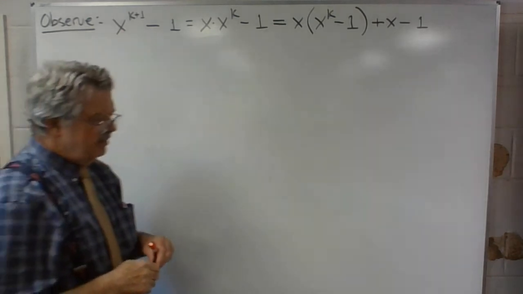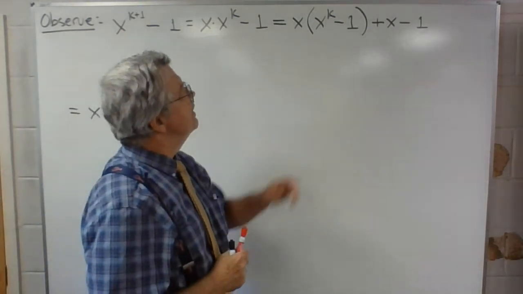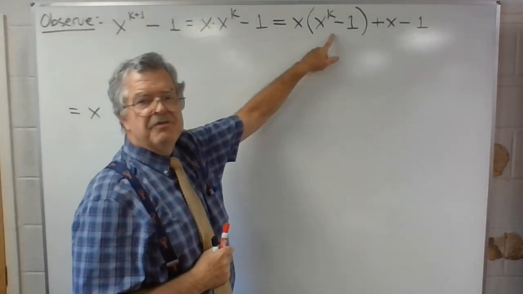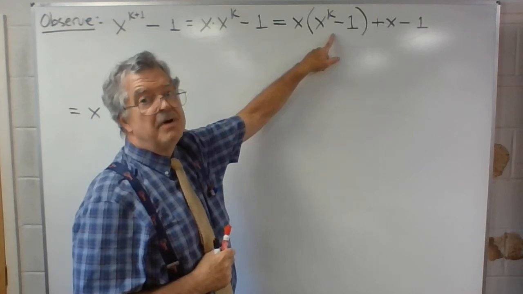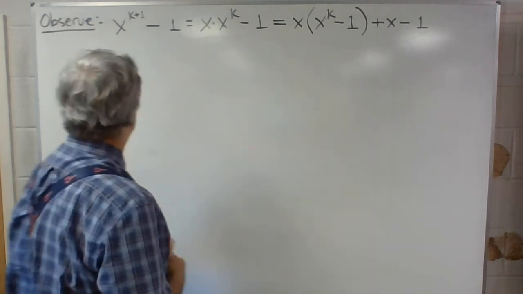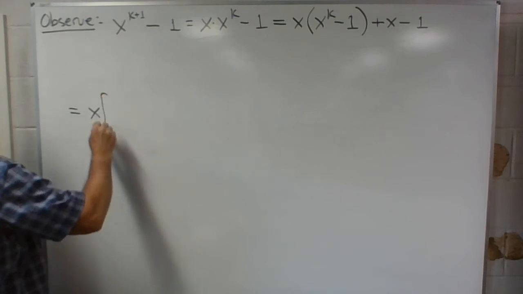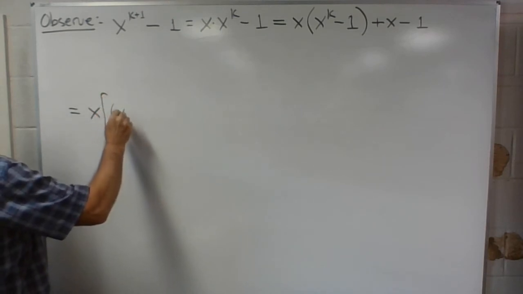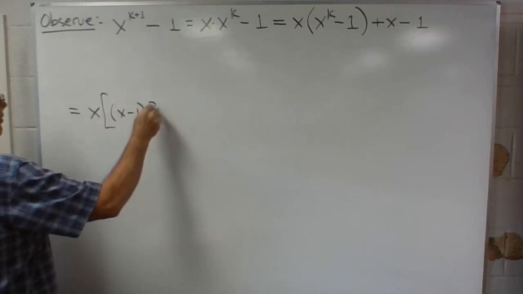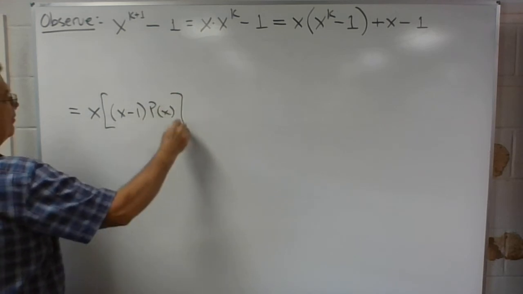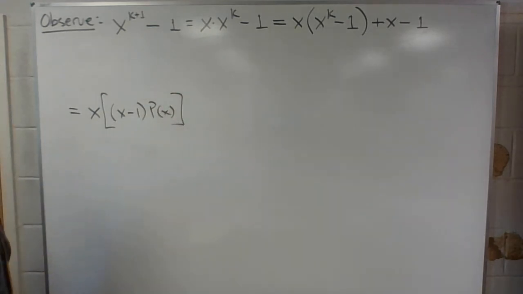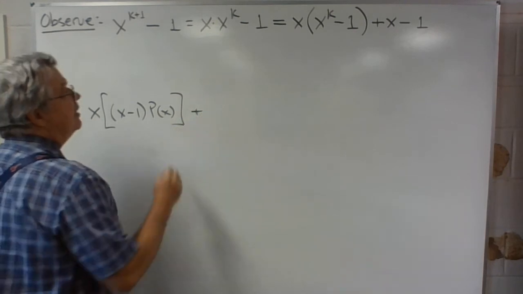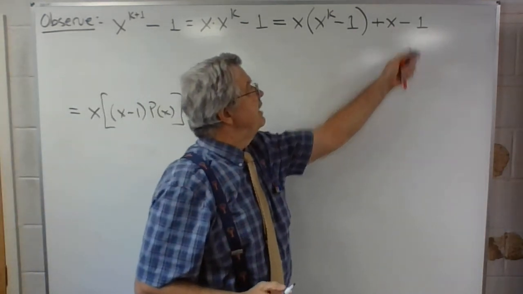And what is my induction hypothesis? That this thing equals (x - 1) times some polynomial p of x. And this thing, that's just x - 1.